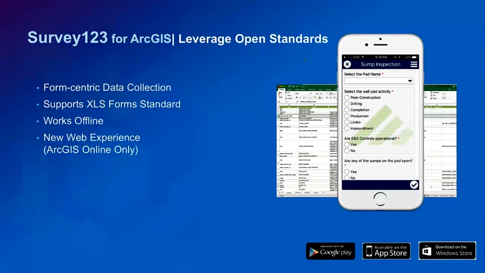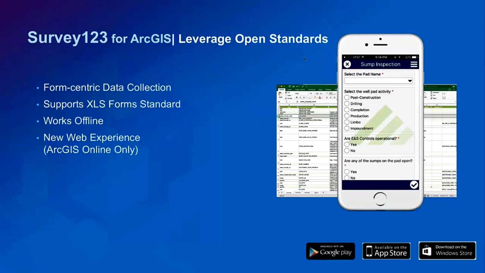that Survey 123 has a Survey 123 Connect desktop application that integrates with spreadsheet software like Excel, for example, and embraces the XLS form standards. So you actually define your form using Excel and using the logic that's a part of the XLS form standard.